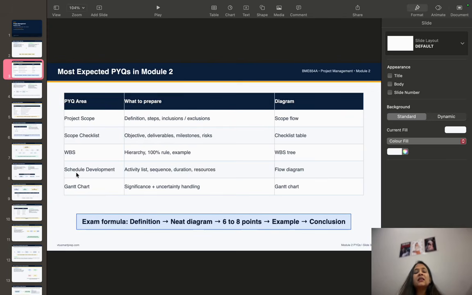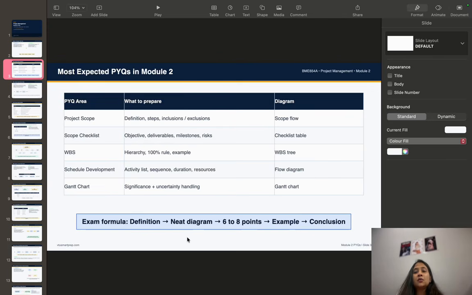Clear? In the exam answer you have to follow this formula: first define it, draw the diagram if there is one, and write 6 to 8 points. Don't write the answer in paragraph form. Write in points, then write one example, and then conclude the answer. This is the flow of writing the theory exam.